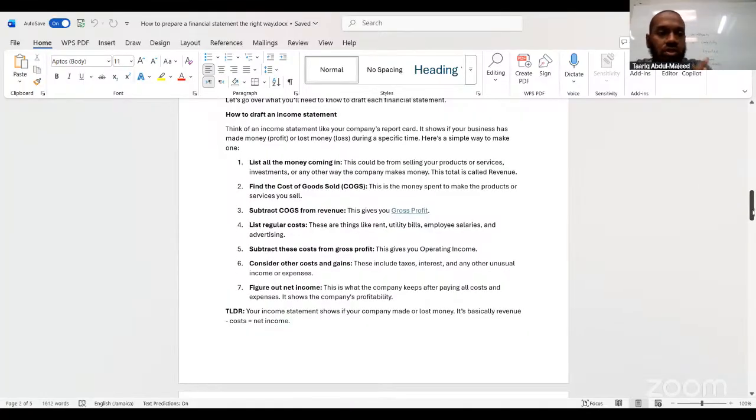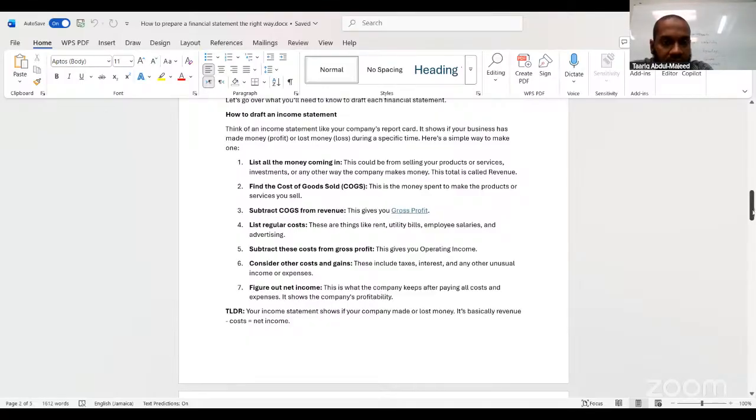Right, so these are the steps. List all the money coming in. That's the income, that's your total revenue. Number two, find the cost of sales, that's the money you spend to make the products, and you all had that. Subtract it from the revenue to get your gross profit.